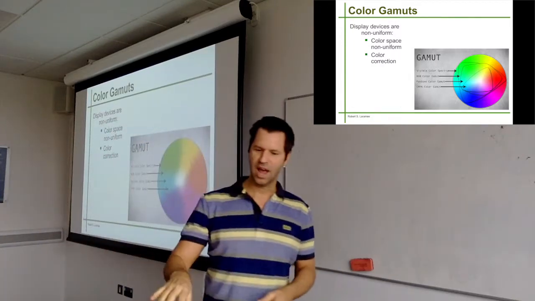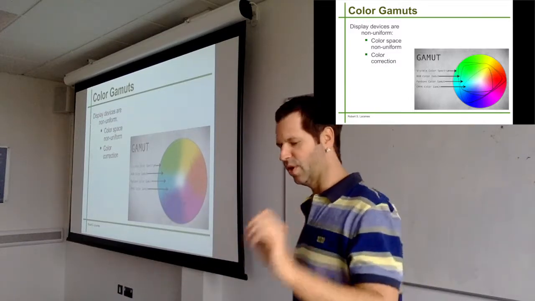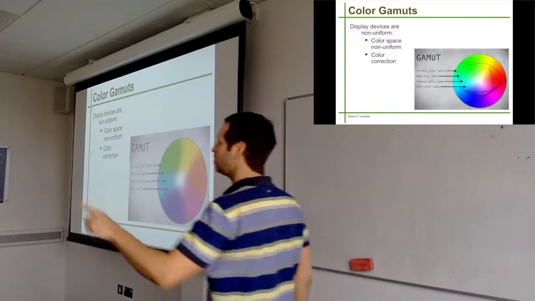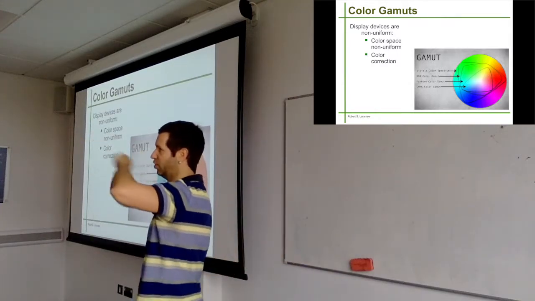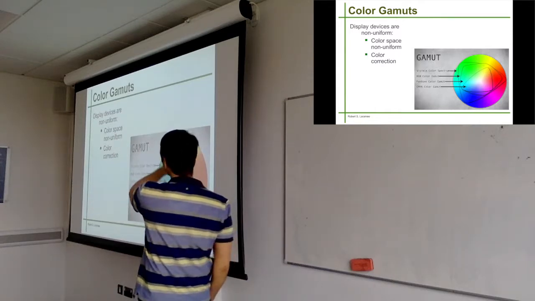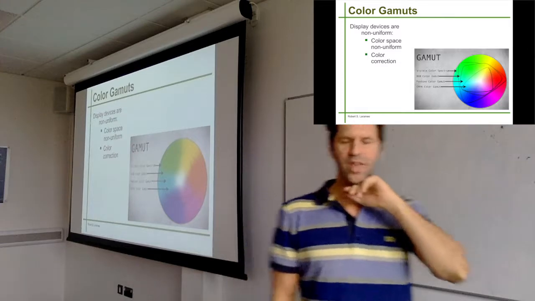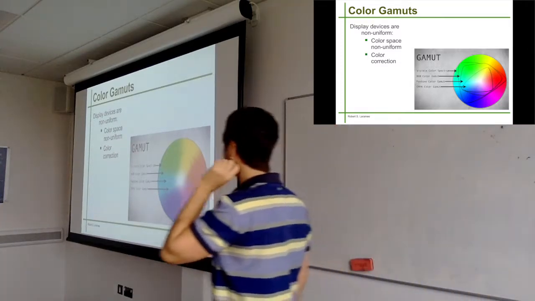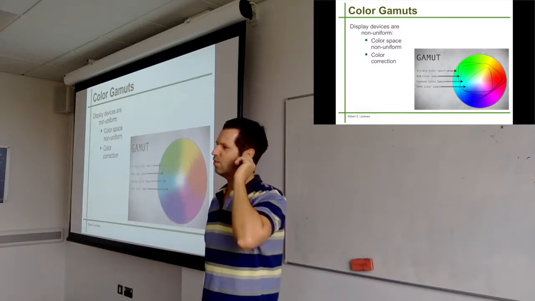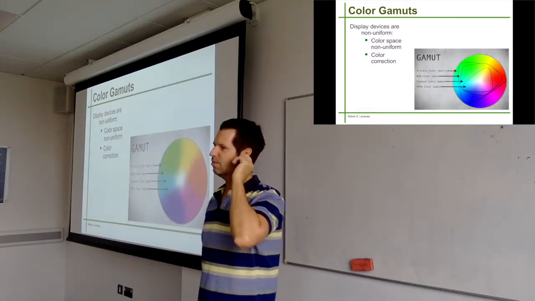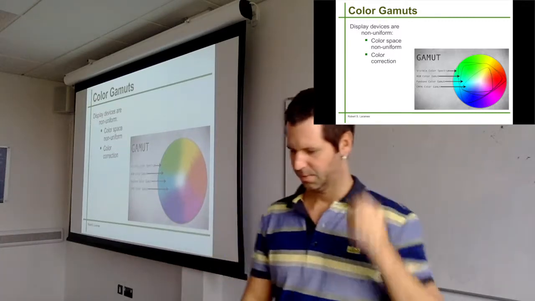So this laptop has a set of colors that it can produce, and what I see on this screen is different than the colors that are going to be projected by this projector. So the set of colors is going to be different. And that's the reason why printing color is so difficult, and printing photographs is so expensive, because it costs a lot of money to get the colors correct.